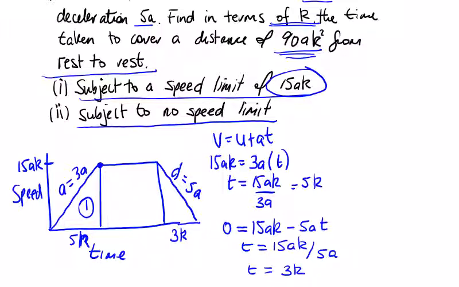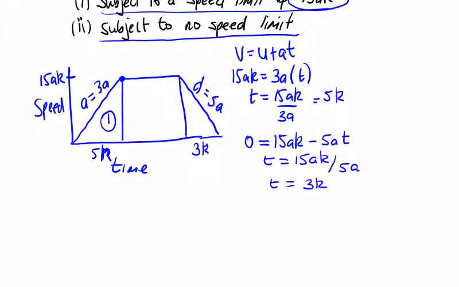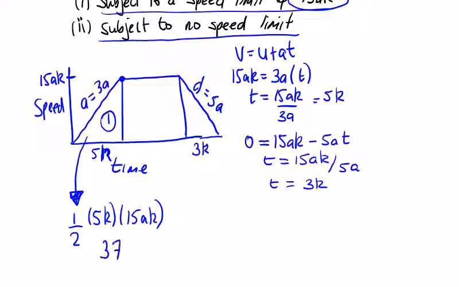So what can we say here? We know the total distance covered is 90 ak squared. So let's look at the distance covered in here. Half, 5k by 15 ak is the distance covered in there. So that's 75 ak squared divided by 2, 37.5 ak squared.